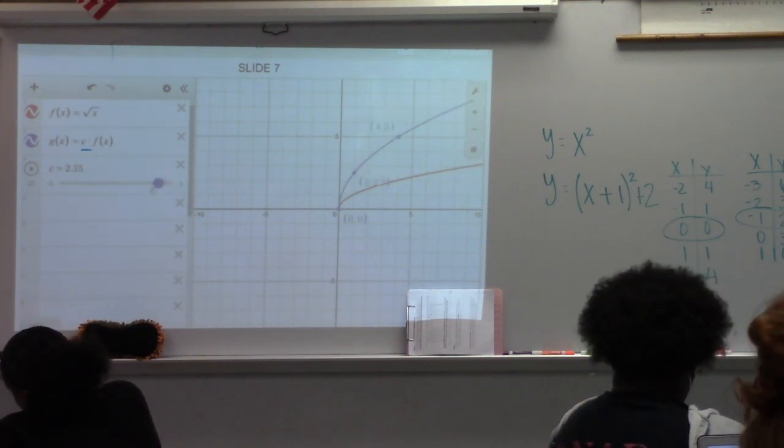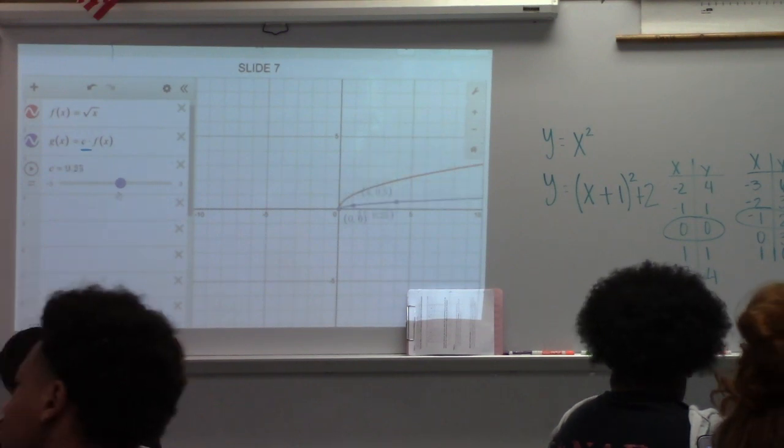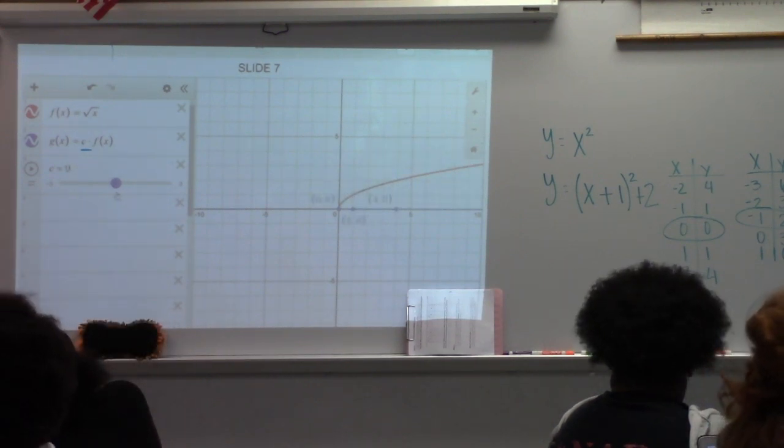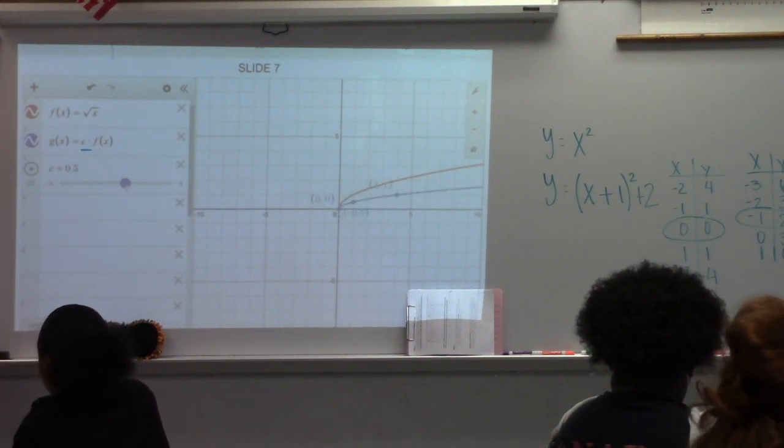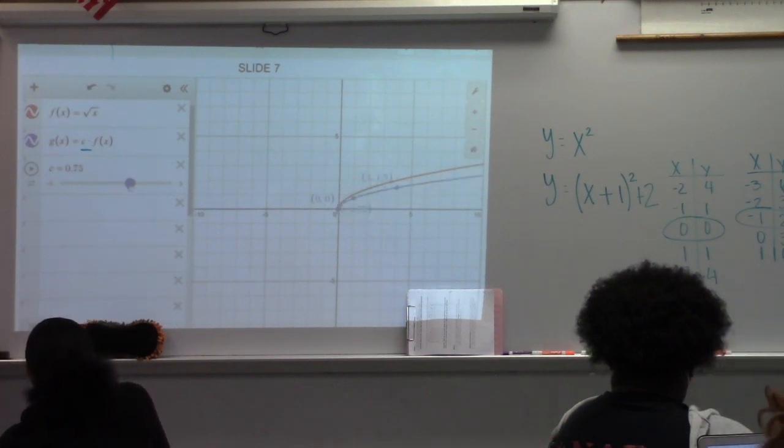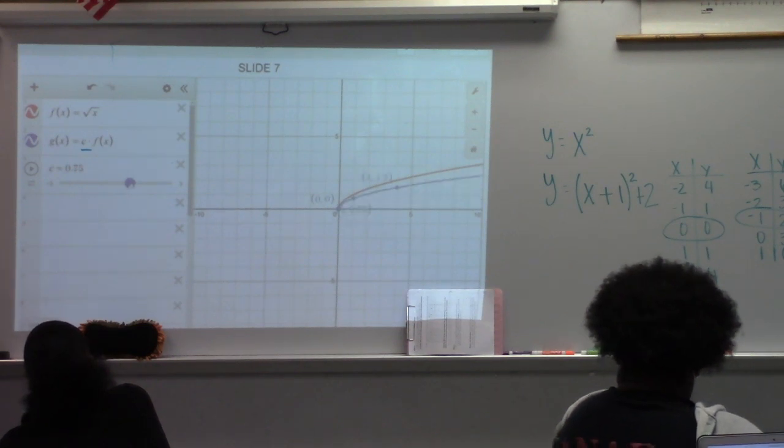Is it between 0 and 1 now? Yes. Okay, so when we have values between 0 and 1, what do you notice about the transformed function now? It's going down, so mathematically we can say the transformation is a compression. So what happens if we're multiplying by 0?